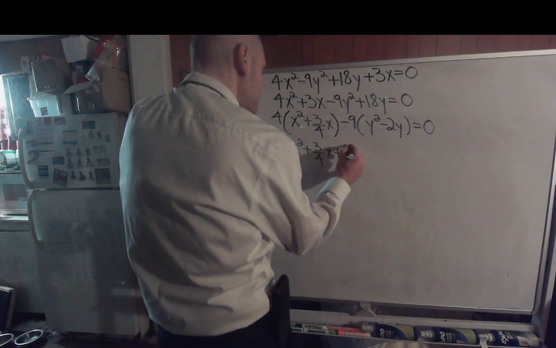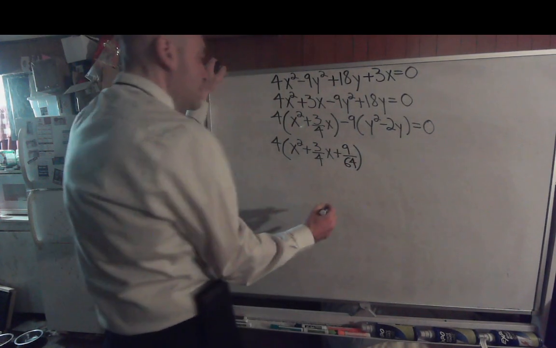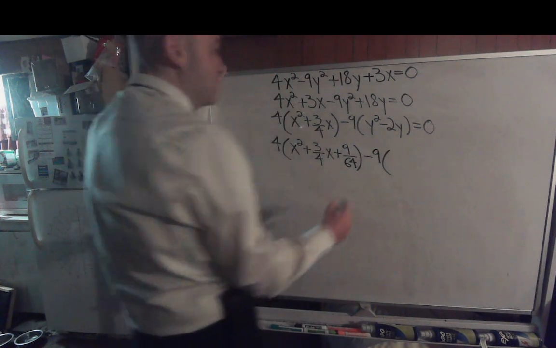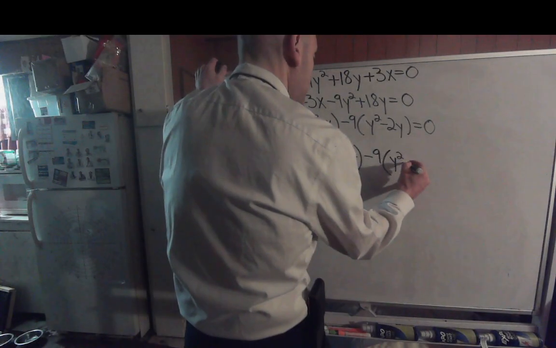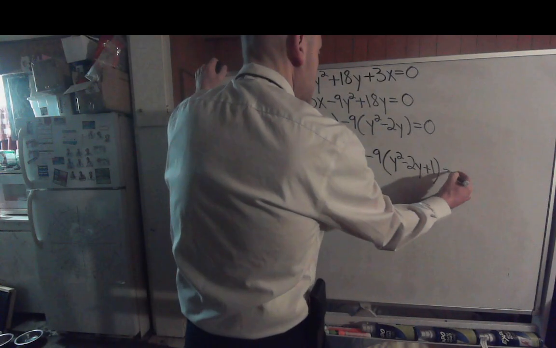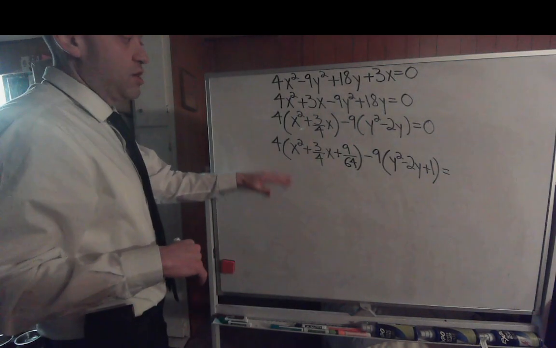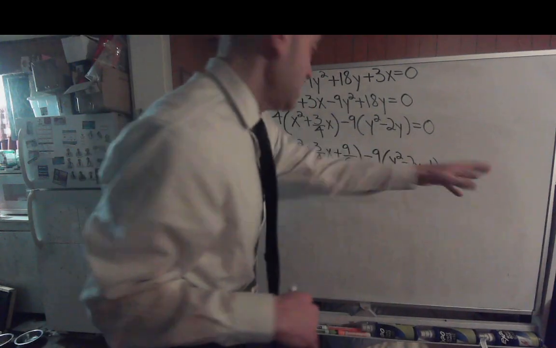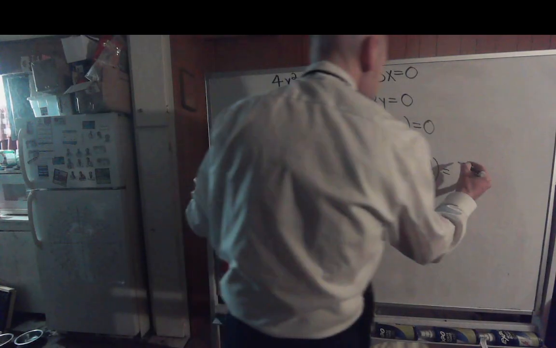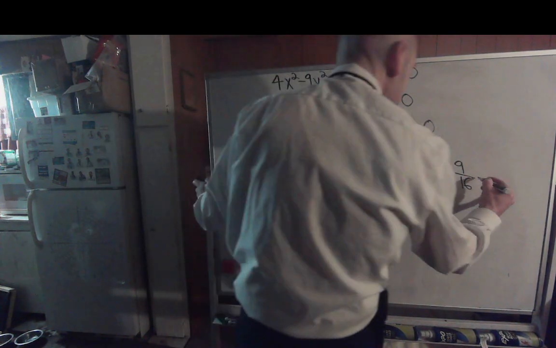So that would be plus 9/64, minus 9 times, let's see, y squared minus 2y. This would be plus 1. So now we got to take our results from the left side, add them to the right hand side. So 4 times 9/64 ends up becoming 9/16. Then negative 9 times 1, that's minus 9.